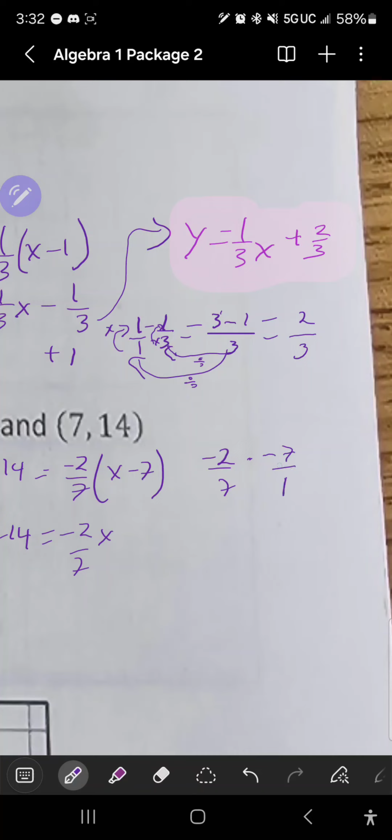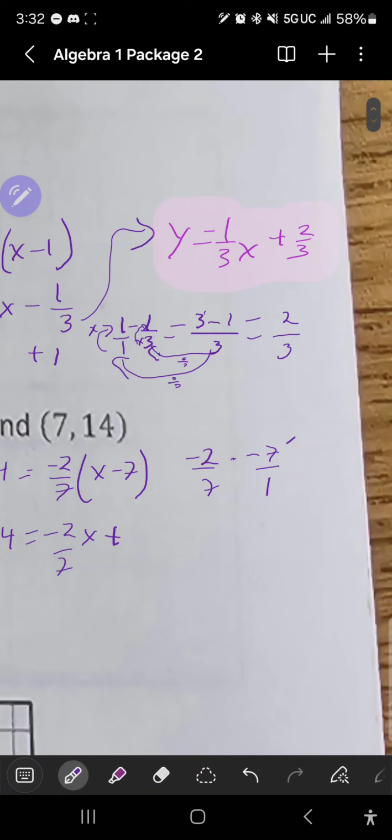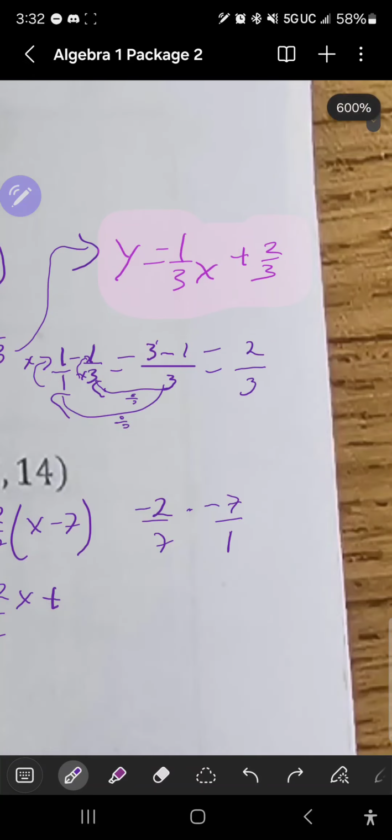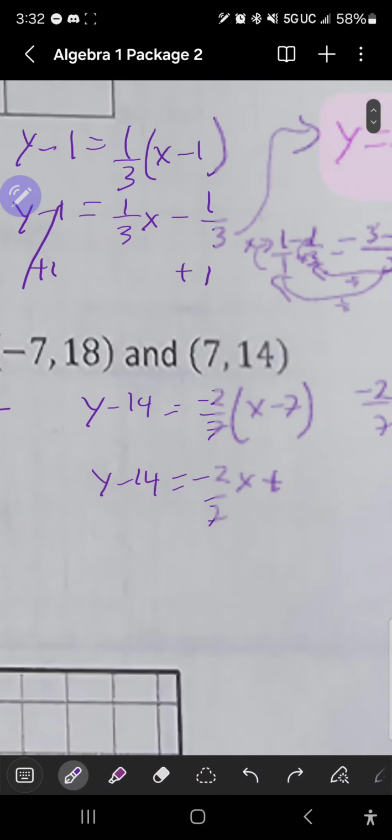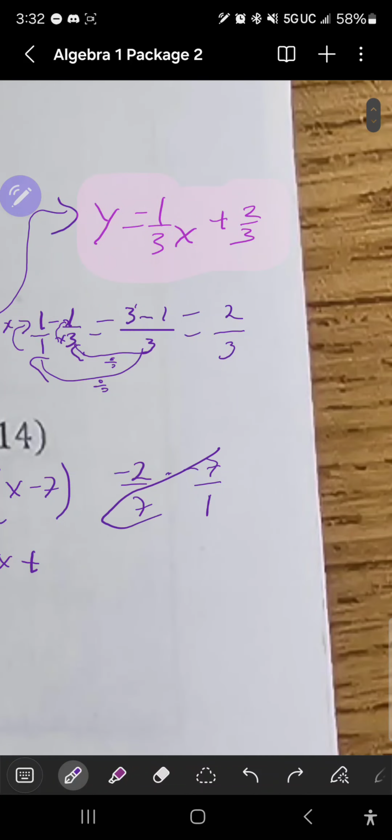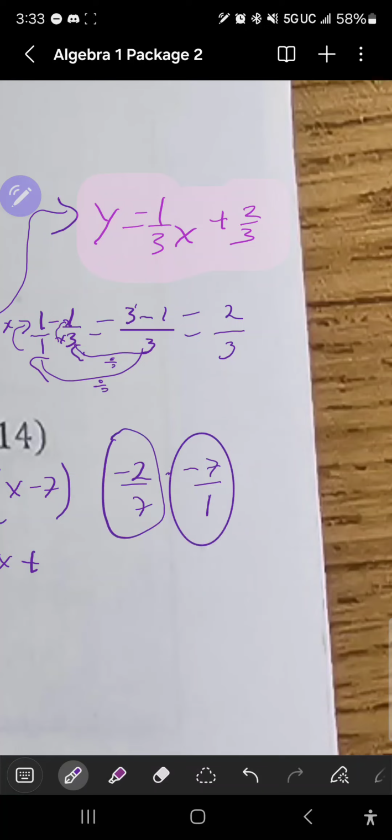Here they're both negative, so we know that our result needs to be positive. Another thing is that you see there's a 7 here and another 7 here, and when you're multiplying fractions, you can simplify diagonally, like this, or one over the other, like this.